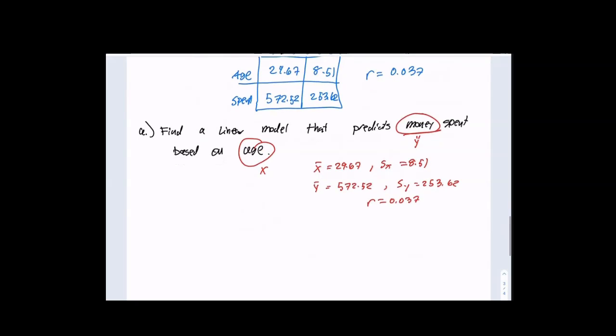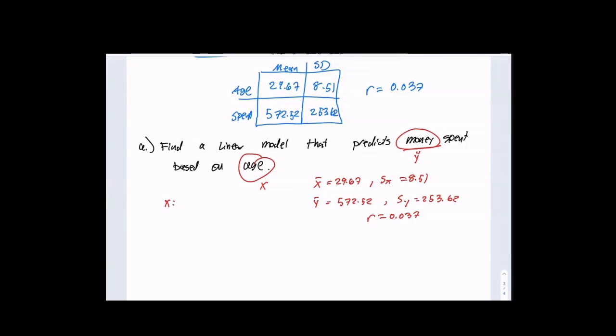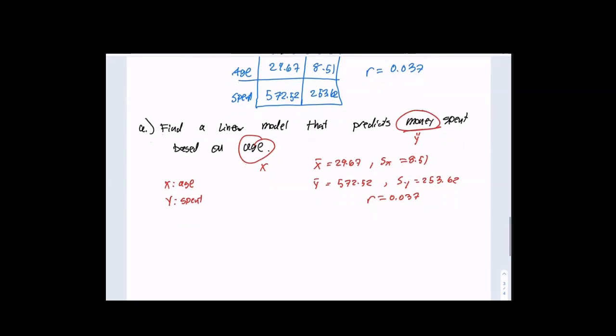I've stated it right there, but I'll state it again: x is the age, y is the spent. Okay.